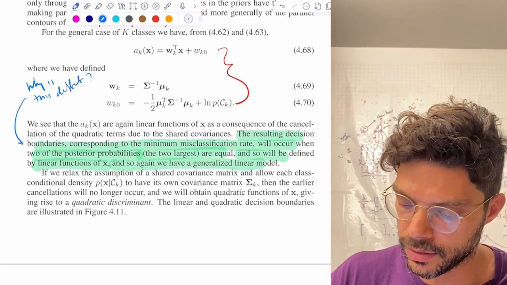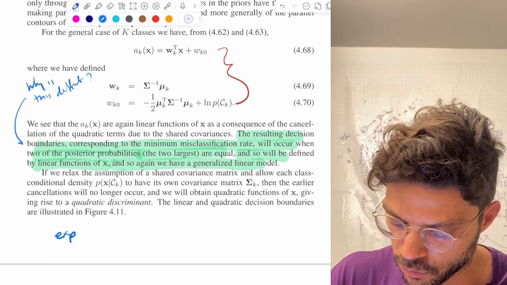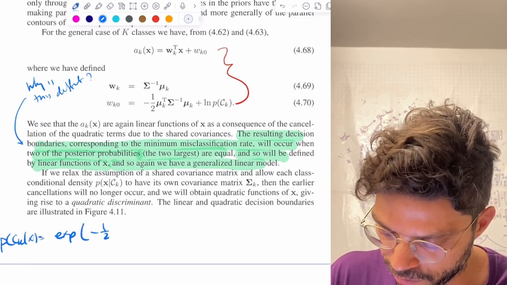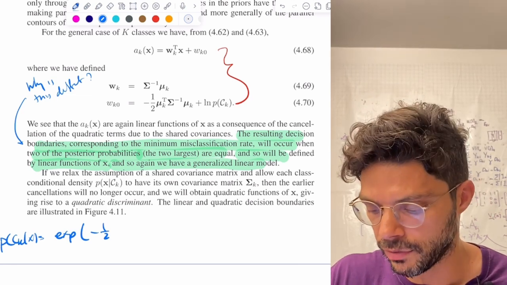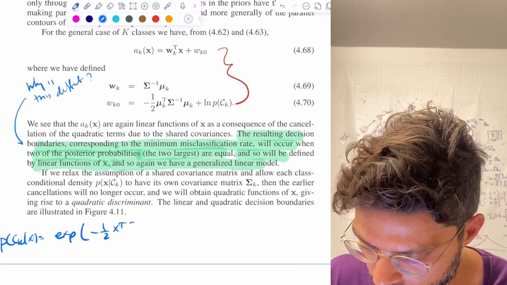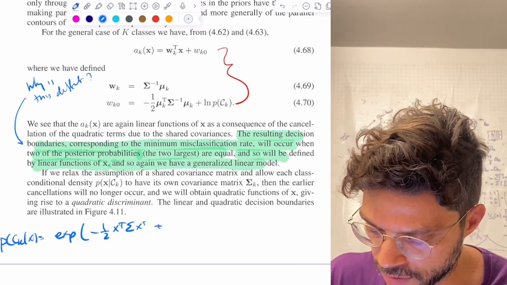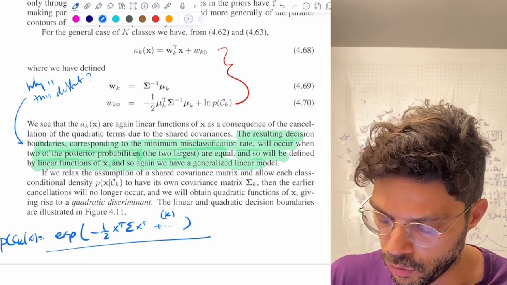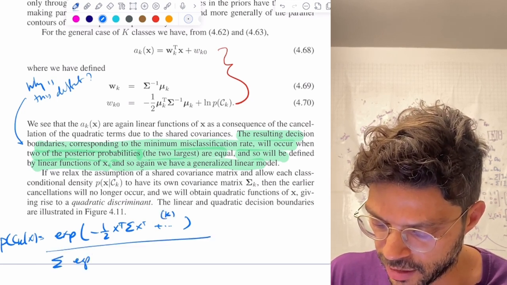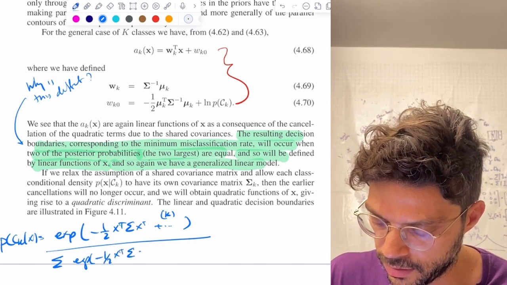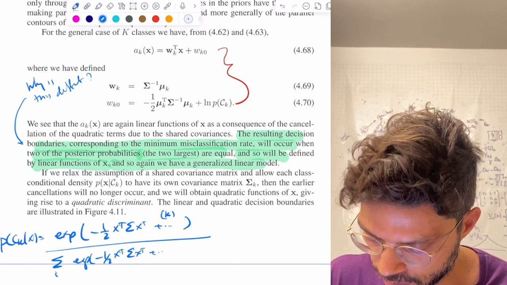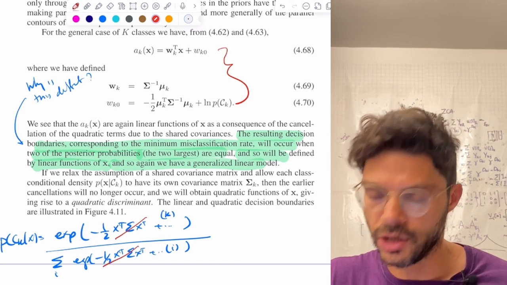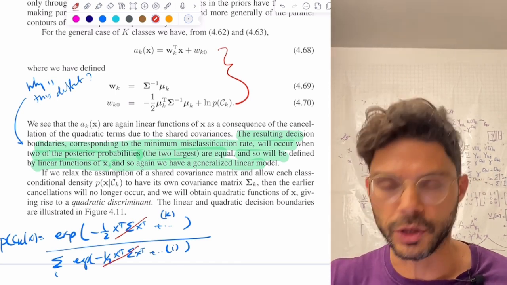What he's talking about is if you actually write out P of C_k given x, and there's going to be a 1/2, if you spell out all the exponentials, there's going to be a Sigma x^T plus all the junk on top, some junk that depends on k, over a sum of x minus 1/2 x^T Sigma x plus junk that depends on i. And the main thing is you can do the cancellation here if you want, but you end up at the same place.